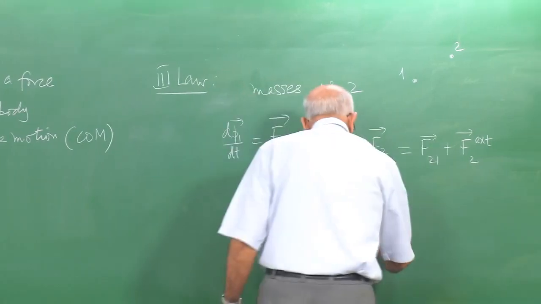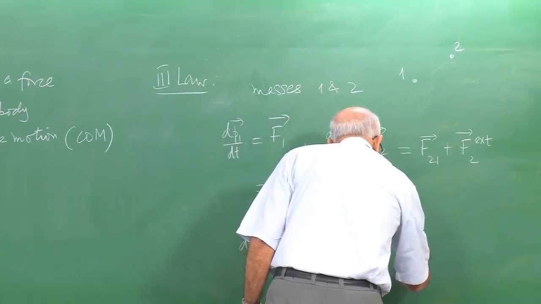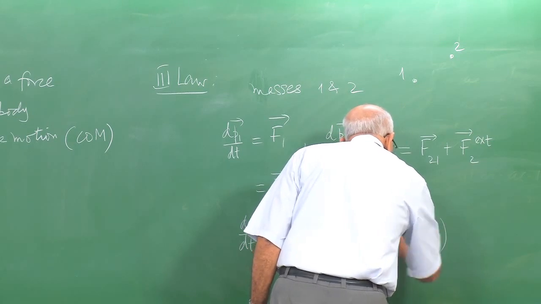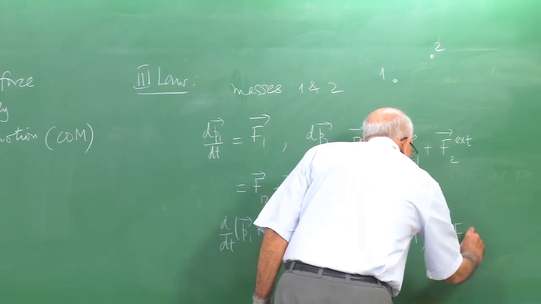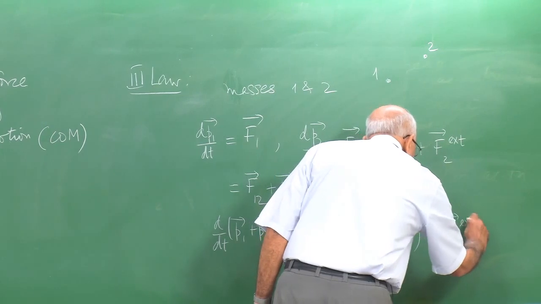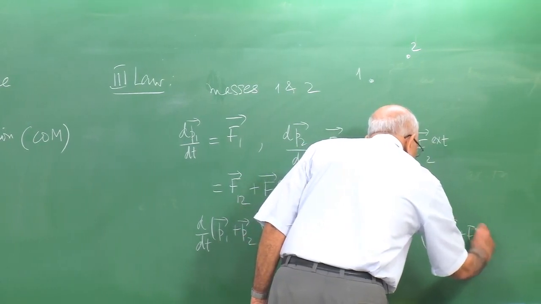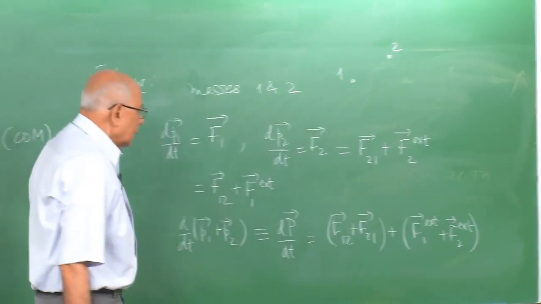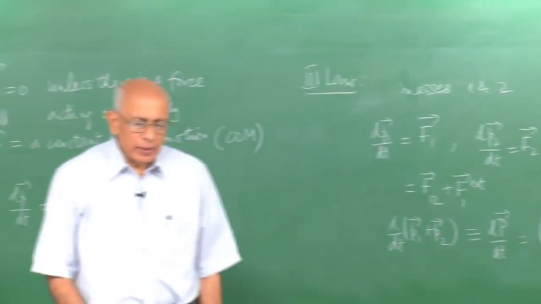This is equal to F12 plus F21 plus F1 external plus F2 external. That's just by adding the two equations.